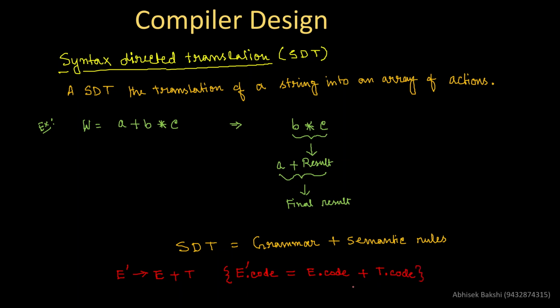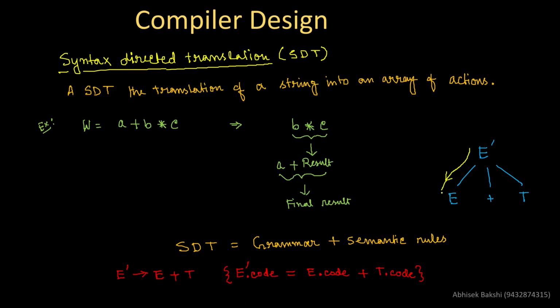So what does it mean? It means that when you define a syntax parse tree for this particular production rule, it will be something like this: E dash written as E plus T, right? Now when the parsing starts, traversing this tree starts from the root and is done in this fashion.